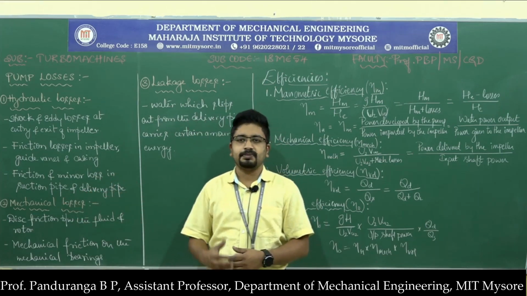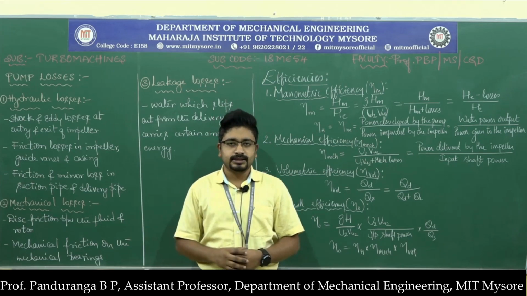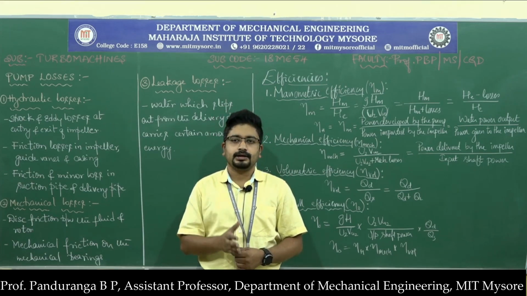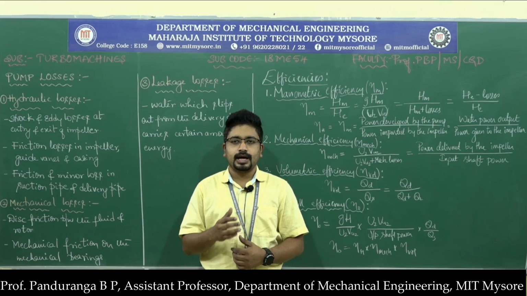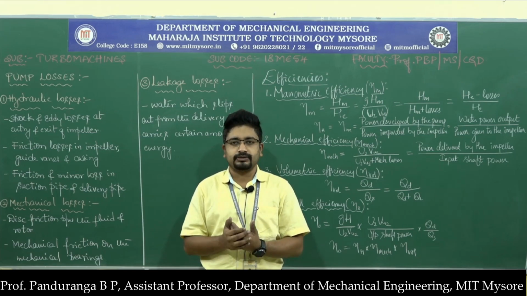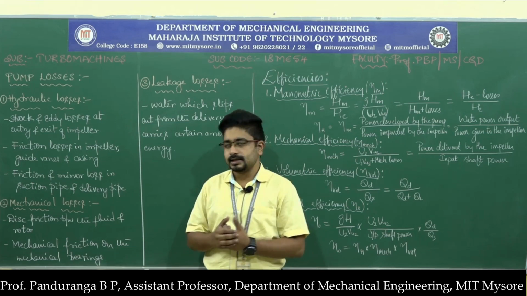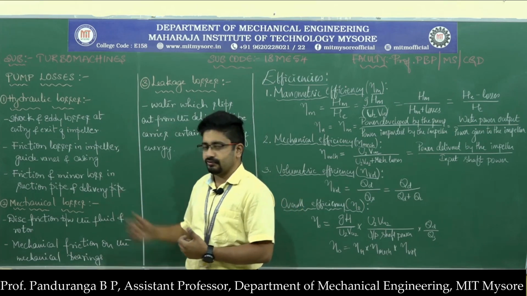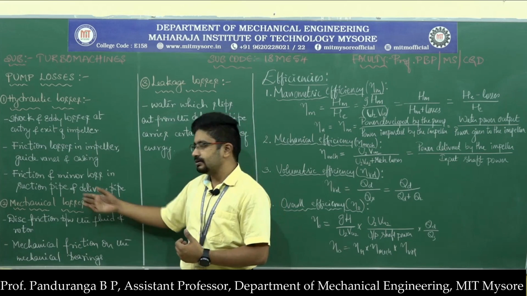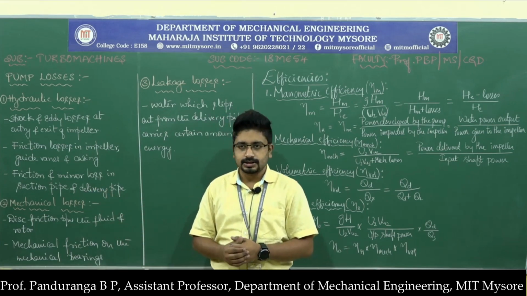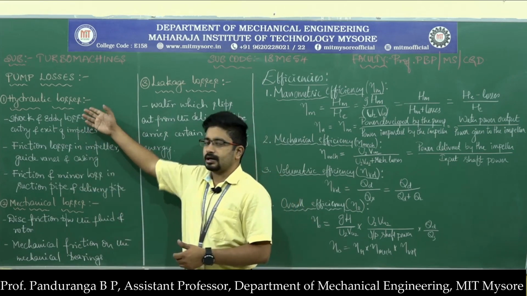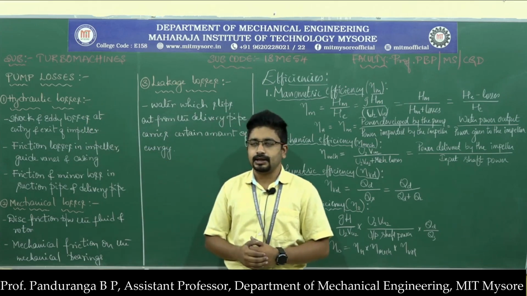In the suction pipe as well as the delivery pipe, there will be changes in flow area, and when the fluid flows very close to the stationary pipe surface, there will be friction between the fluid and the surface, and because of that we will have certain amount of losses. So these are all the losses categorized under hydraulic losses.